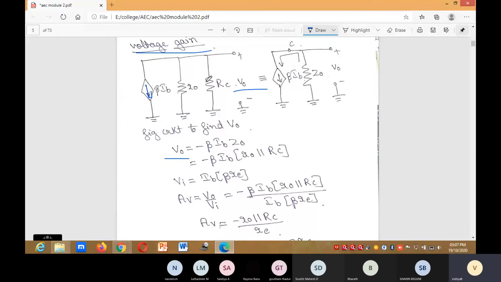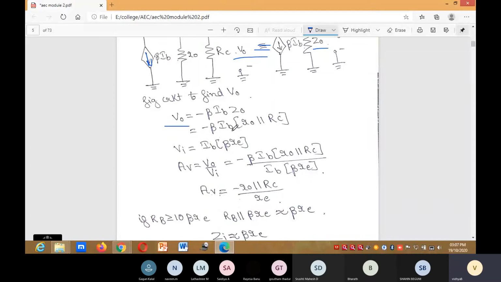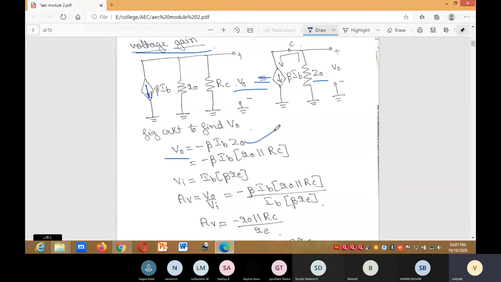This diagram is equivalent to this diagram: with beta Ib, these two resistances are taken as Zo. Minus beta Ib Zo, where the Zo value is Ro parallel Rc.